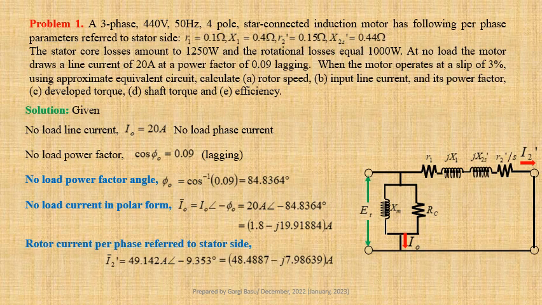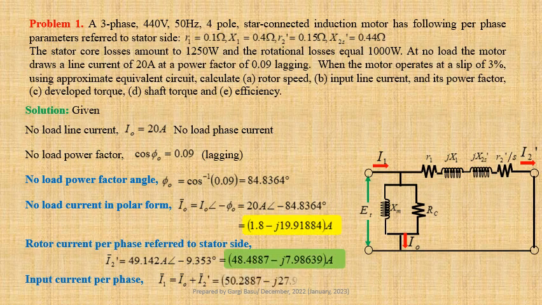Applying Kirchhoff's current law, we get input current per phase I1 equals I0 plus I2 dash. Using values, we get 50.2887 minus j times 27.90523 ampere. This may be written in polar form as 57.51222 ampere at an angle minus 29 degree.